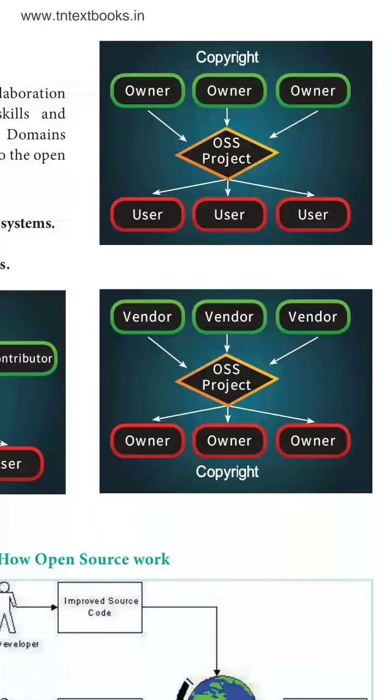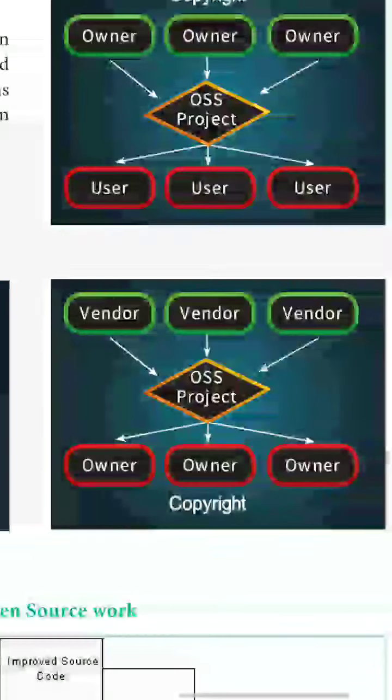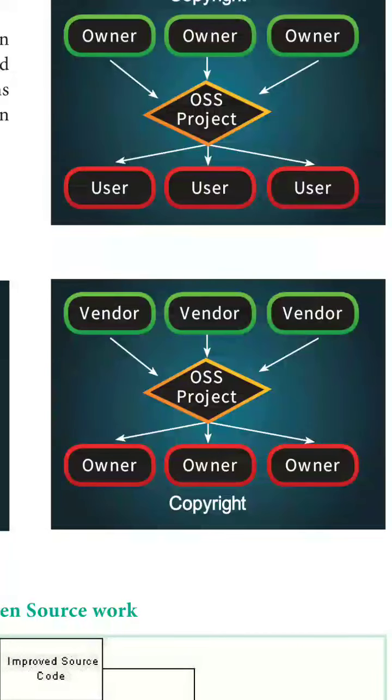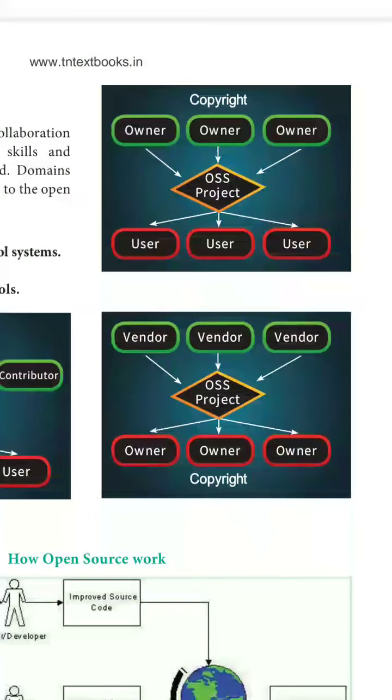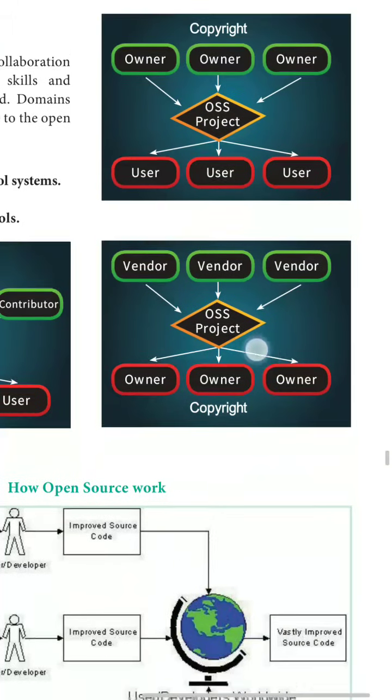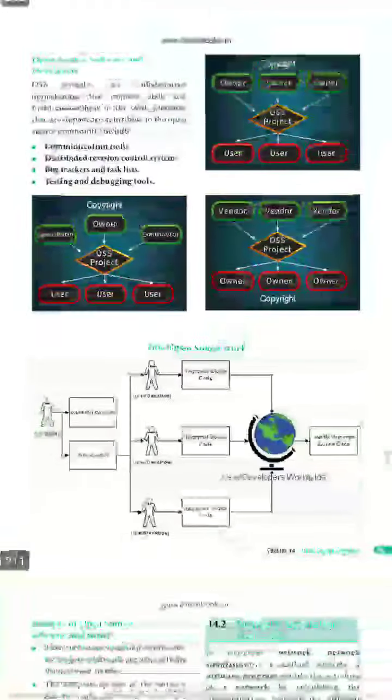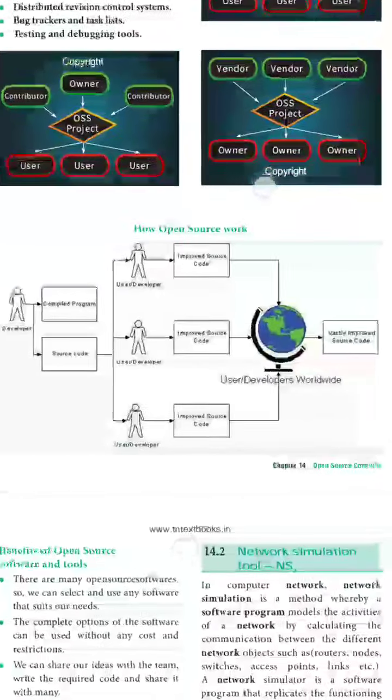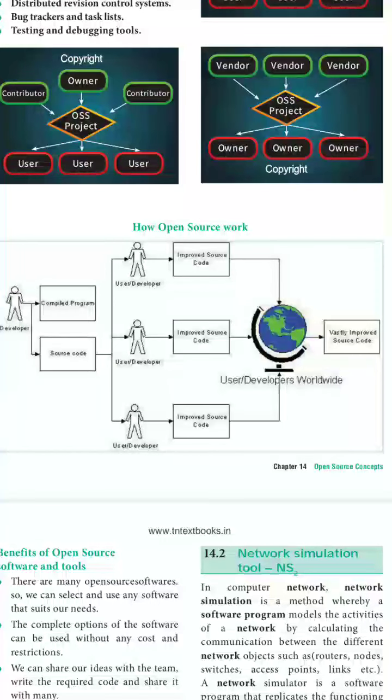Multiple owners and multiple users use the OSS projects, and multiple vendors combine to form an OSS project and to give the multiple owners. This is known as copyright information.